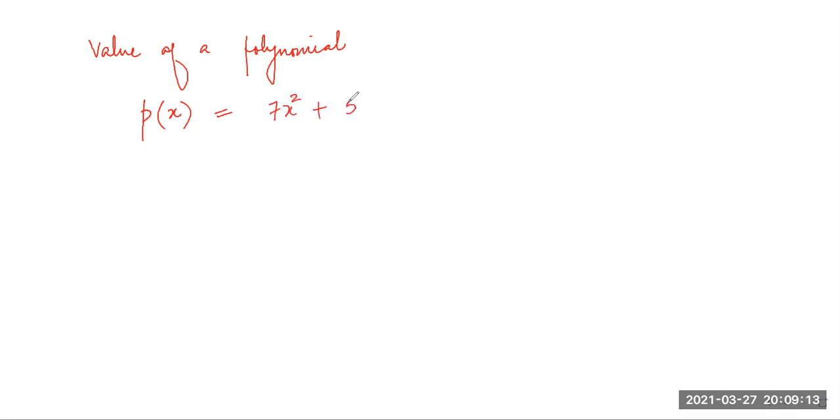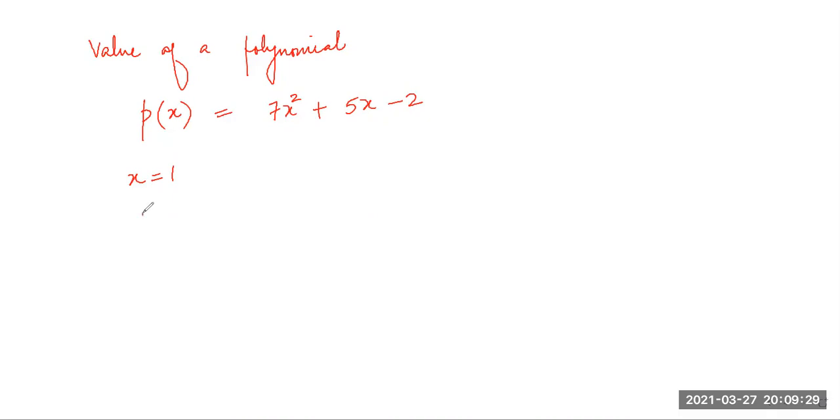And before that, let's discuss what the value of a polynomial is. Students, polynomials, as just discussed, are represented as, let's say, p of x is equal to 7x squared plus 5x minus 2. Now, we want to find the value of the polynomial at x equal to 1, when the value of the variable is 1.